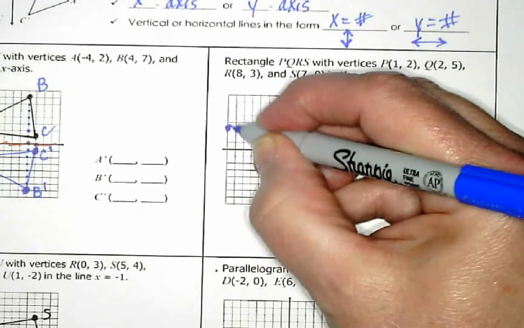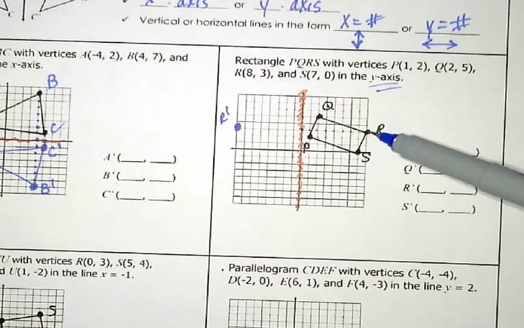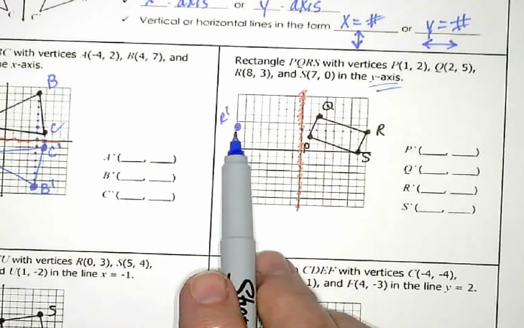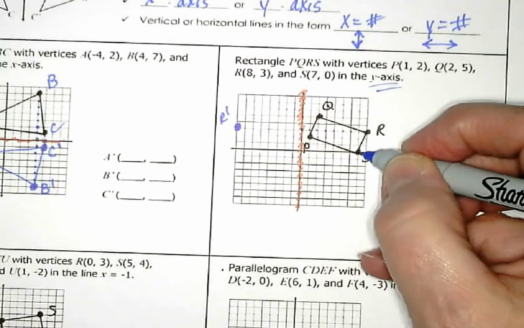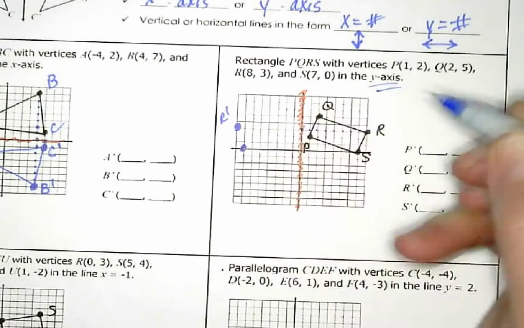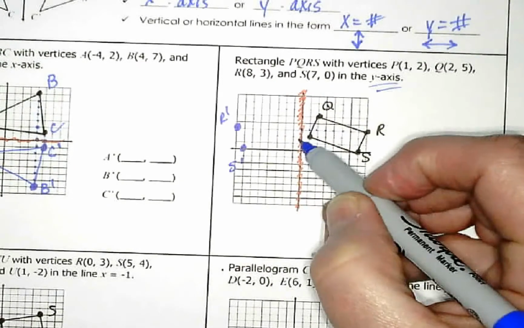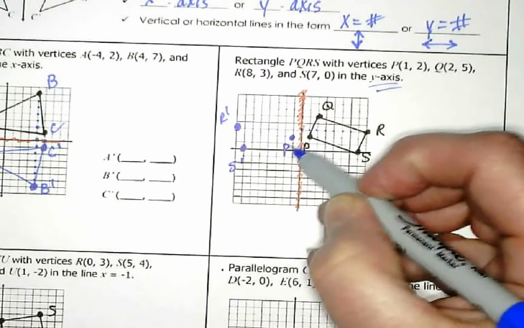So here is R prime. The farthest one away from the line here is the farthest one away from the line over on this side. S is going here. We count to 7, count to 7, and there's my S prime. P is easy: 1, 1. There's P prime.